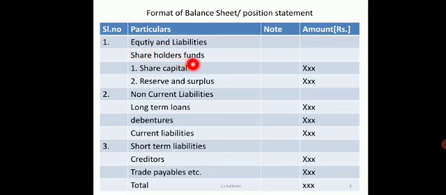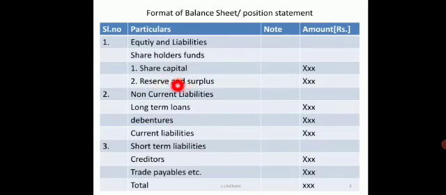So first will be shareholders' funds, also known as owners' funds. Here we'll be showing the different types of capital, that is authorized, issued, subscribed, called, paid up, arrears, forfeited shares, all shown under the share capital heading.